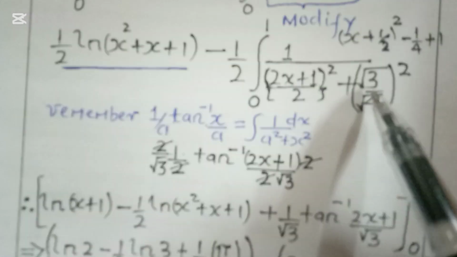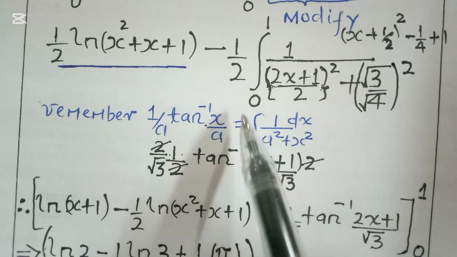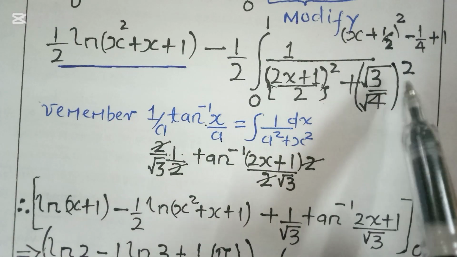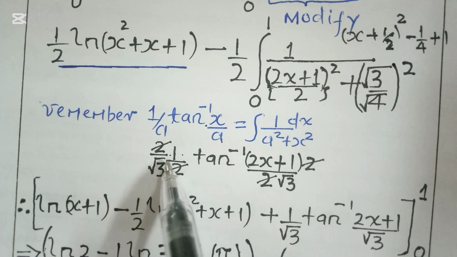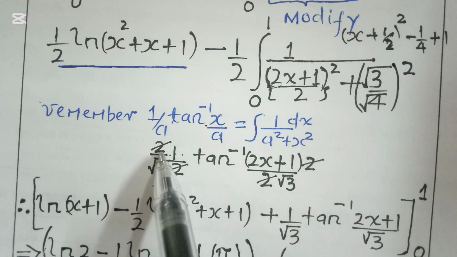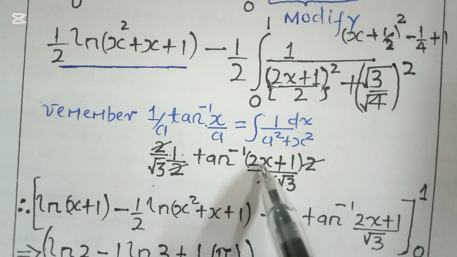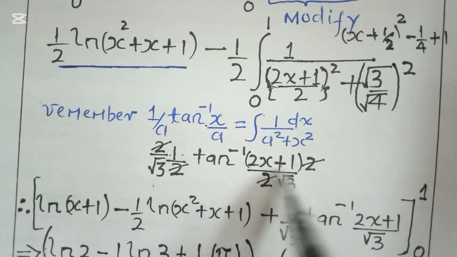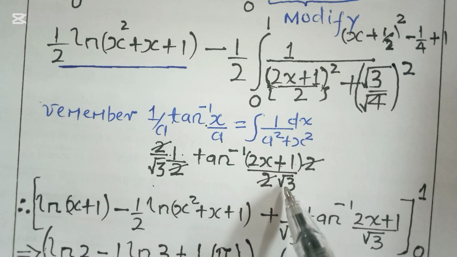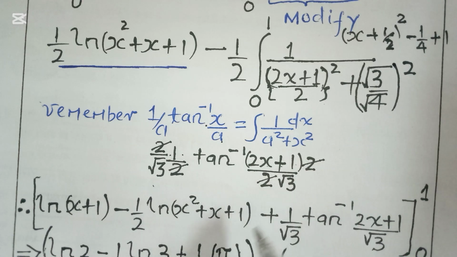Our a in this case is square root of 3 over square root of 4, and then 1/a, which is now square root of 3 all over 4, square root of 4, and we bring that square root of 4 here, it's 2. It can cancel this 2. Coming here, guys, x is 2x plus 1/2 all over now a, which is square root of 3 all over 4. So 4 now, square root of 4 now comes here, which is 2, and that will cancel.